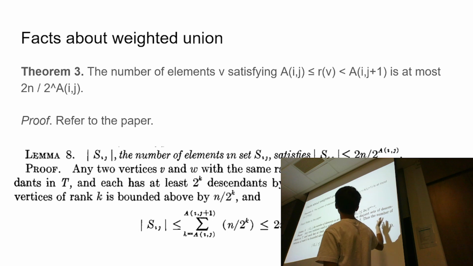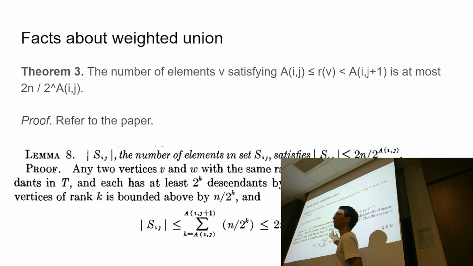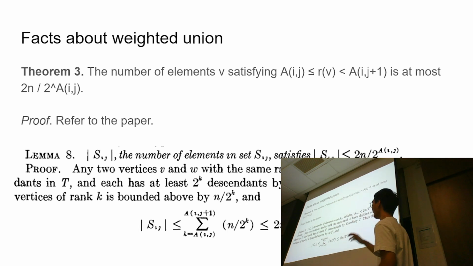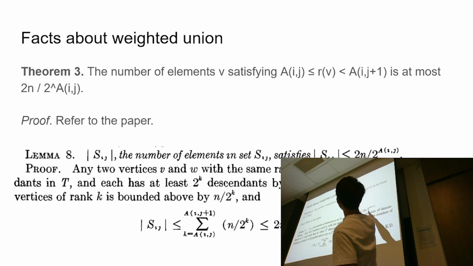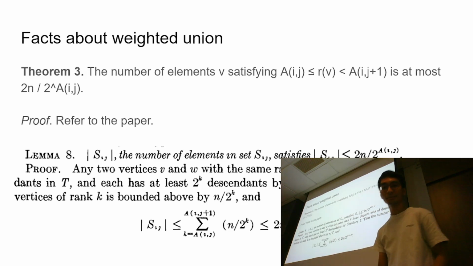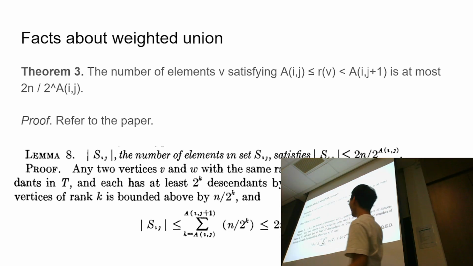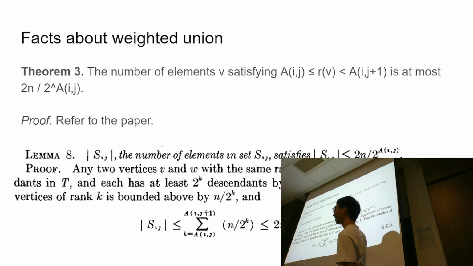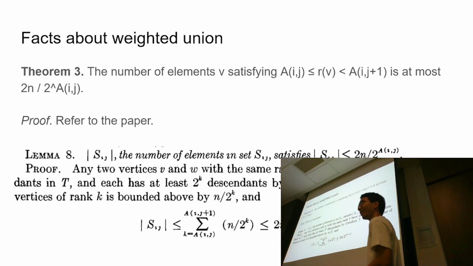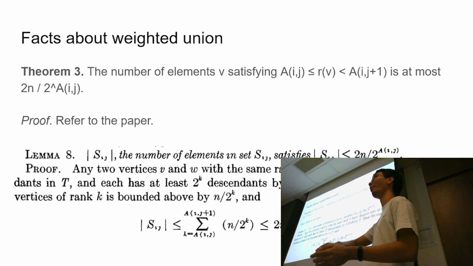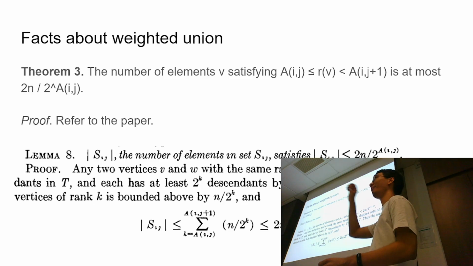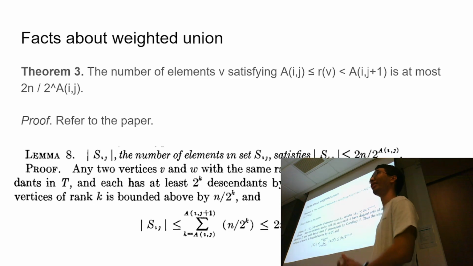So the number of vertices of rank k is bounded above by n over 2 to the k, and if you sum up the ranks from a_j to a_{j+1}, you get this expression. So note that as j increases, this thing sharply decreases. So you'll see that this actually counteracts our massive growth of the upper bound just now as j grows.